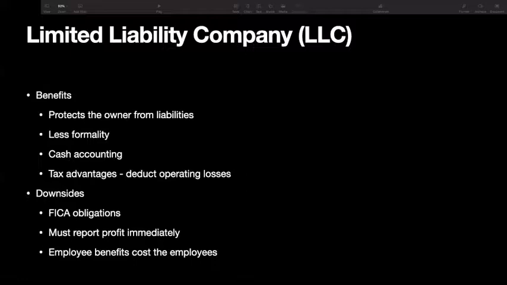However, downsides: you have the FICA obligations. You have to pay the FICA taxes, which is the Medicare and Social Security taxes, for your employees and yourself, because you own this place, and then you gotta pay the FICA tax for yourself for self-employment.